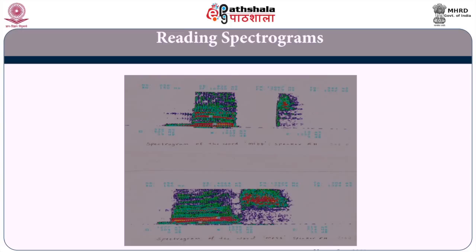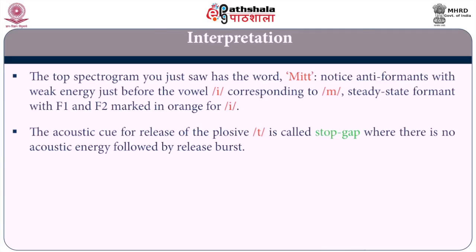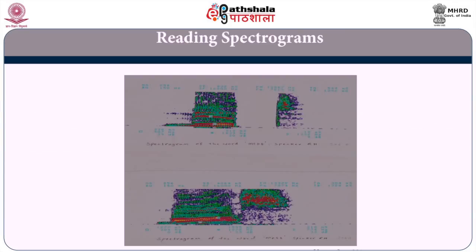That corresponds to the vowel, which is very loud, and therefore you see red colored bars, three of them. And then you have the stop gap. Because the word ends in a voiceless plosive, there is no voice bar. It is called the stop gap. And then the t in mit is released. The plosive t is released. So this is called the release burst, the last part of it.